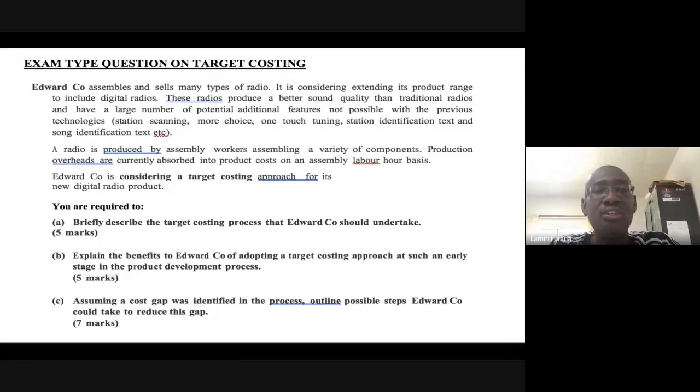Accountants like only number crunching, yeah? Numbers, numbers, numbers. So when you look at this question, what business are they into at the moment? And what are they aspiring to go into?